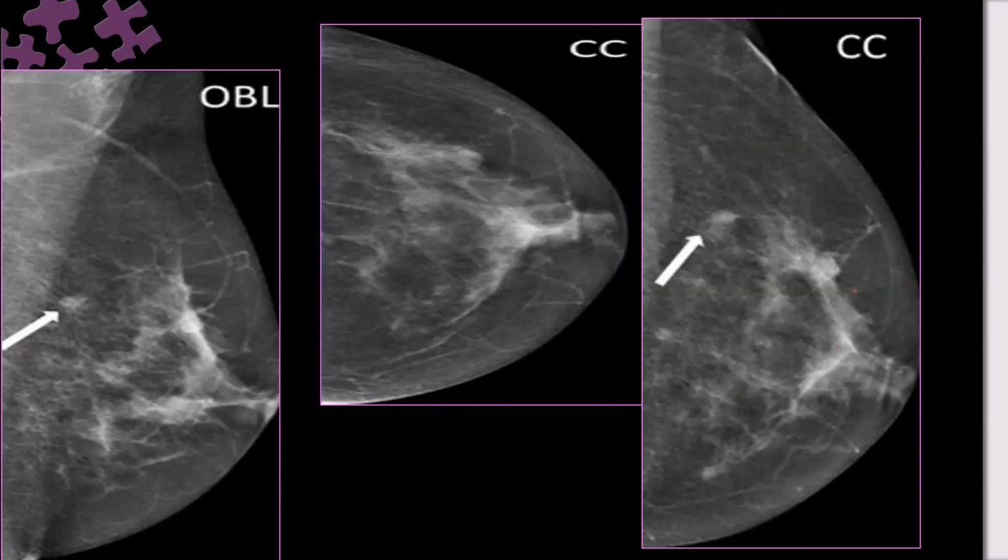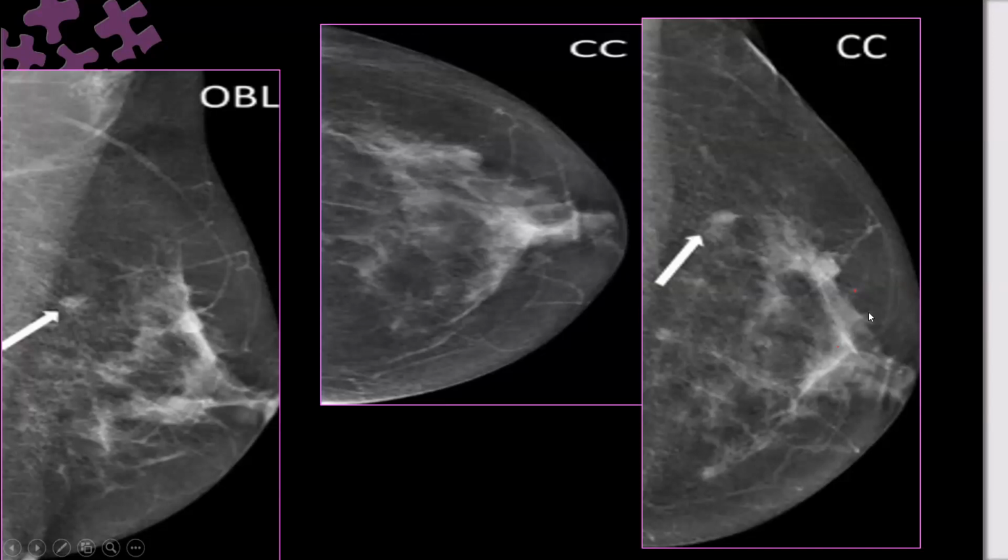It is not an exaggerated CC view. So that's why I asked you. It is written here as a CC view, but this is an exaggerated lateral CC view. Why? We explained in the previous case.